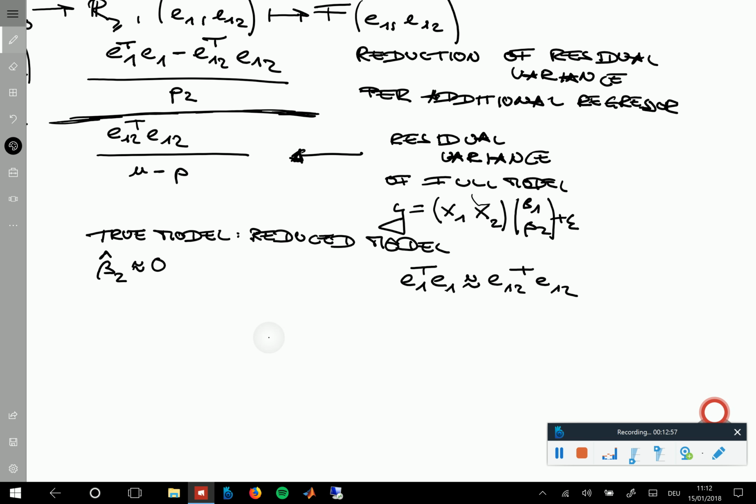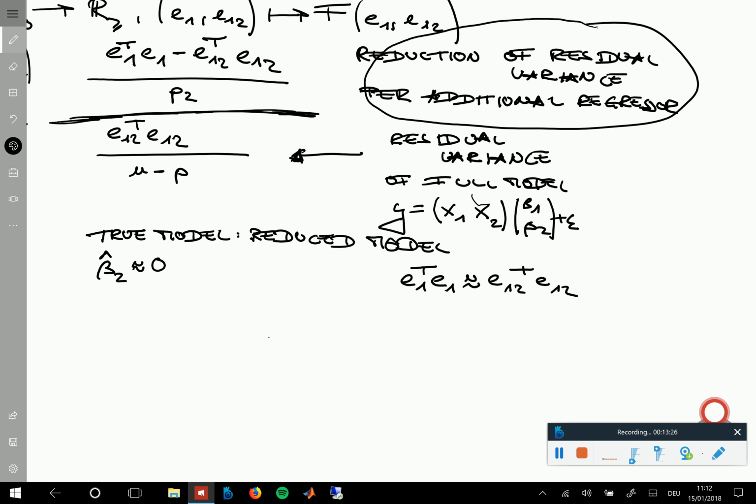So if the true model is the reduced model, then we learn that we essentially get a relatively small numerator, or expressed in this language, the reduction of the residual variance per additional regressor is low.